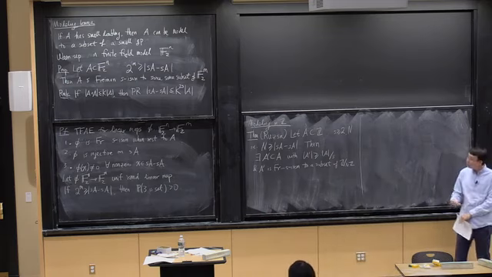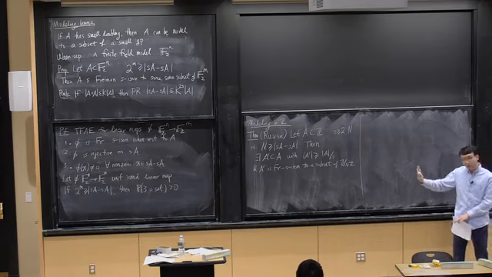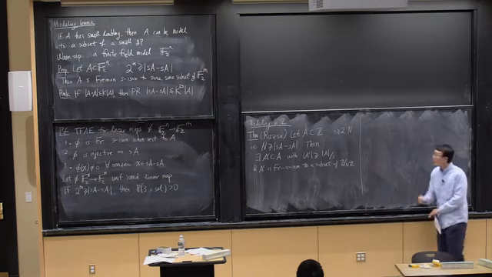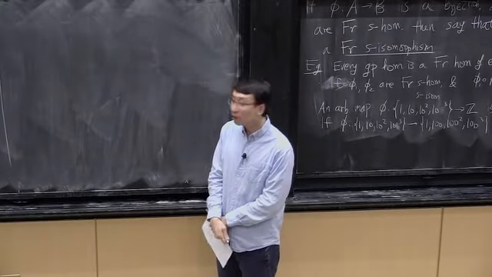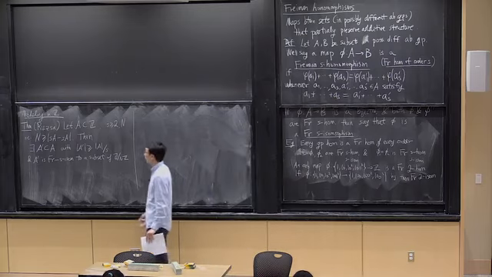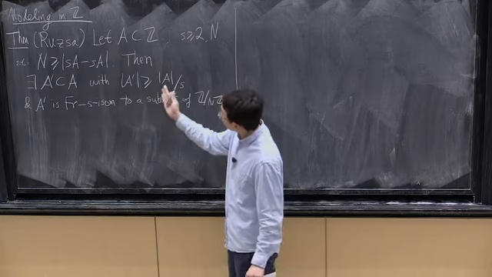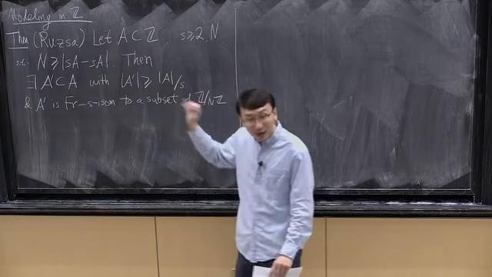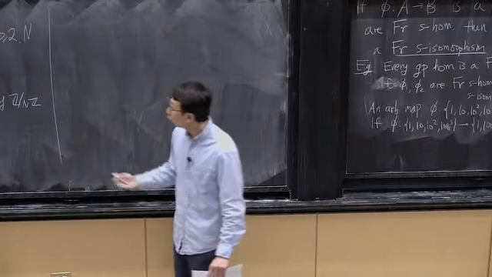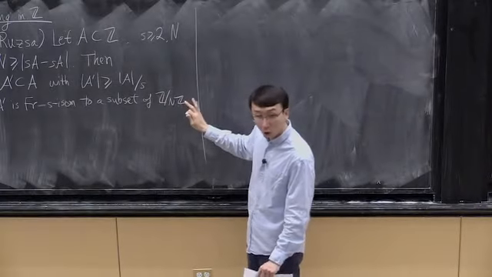Same message as before, with an extra ingredient that we did not see before. The point is that if you have a set A with controlled doubling, then you can take a large fraction of A that is Freiman isomorphic to a subset of a small group.